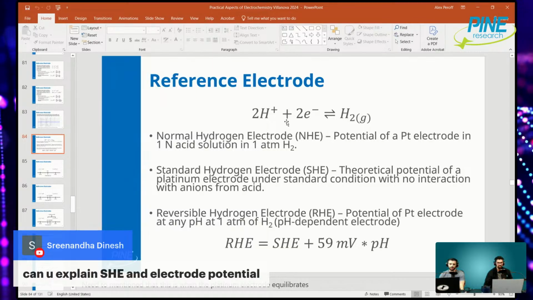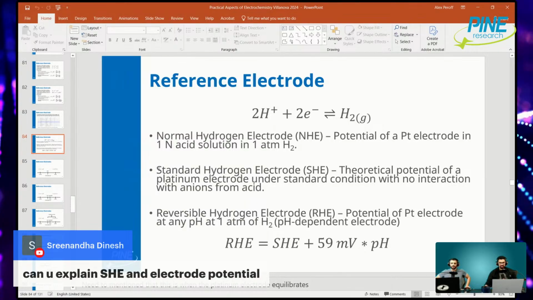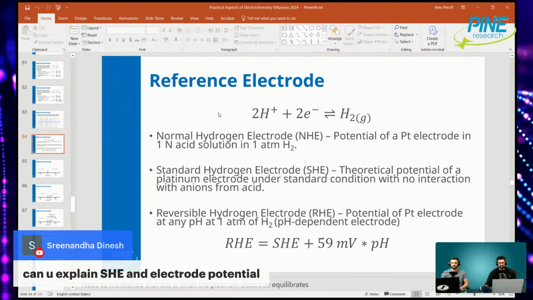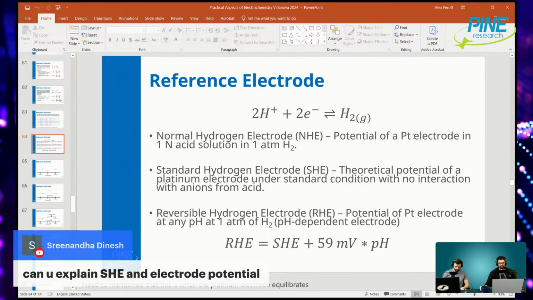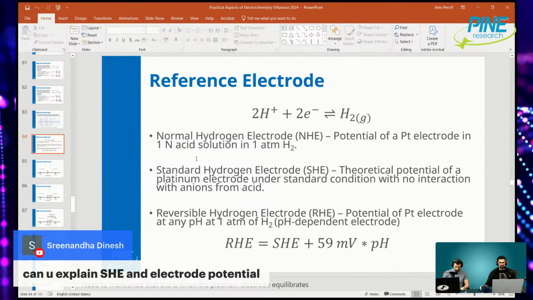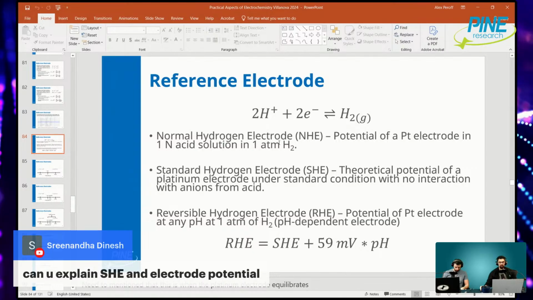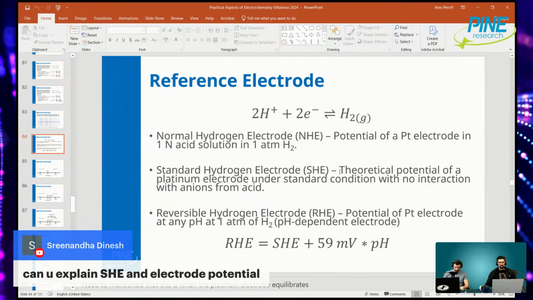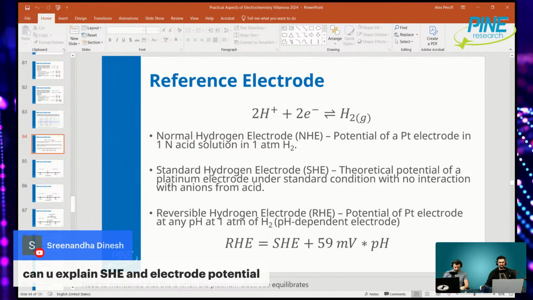But when it comes to reference electrodes, sometimes we get confused with NHE, SHE, and RHE. All these are based on this reaction and the potential that this reaction occurs at, which is, as we define it, usually 0. The normal hydrogen electrode is the potential of a platinum electrode in one normal acid and bubbling hydrogen gas at 1 atmosphere. The standard hydrogen electrode is actually a theoretical potential of the platinum electrode under standard conditions, in such a way that there's no interaction with the anions from the acid.